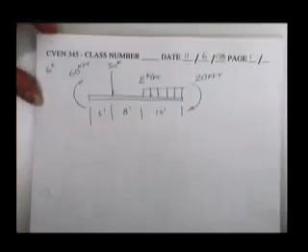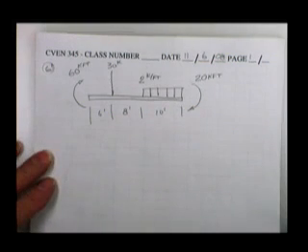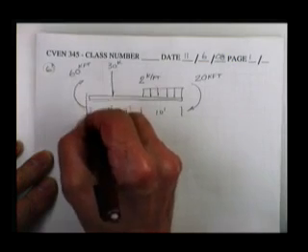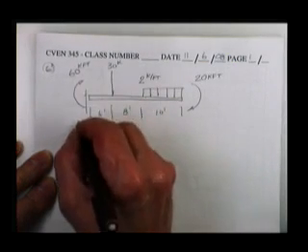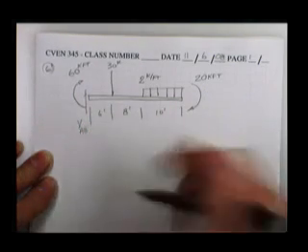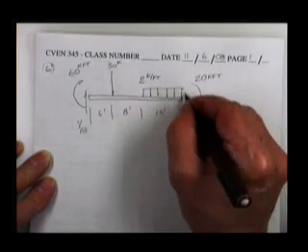Once you get through with solving for the end moments on these structures, you got to know what to do with them. Generally speaking, you'll have shears on the beam. Shear, say A to B. I put them on here any direction you like. They probably won't come out right anyway.